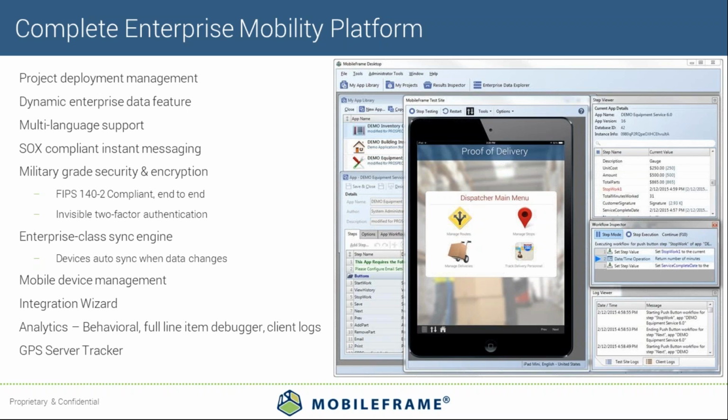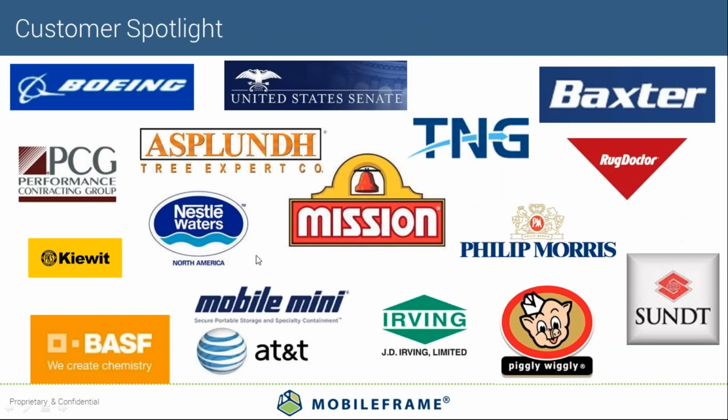And the Integration Wizard helps us really simplify that integration process. You guys probably have a lot of these things in terms of the GPS service tracker in place already with some of your tools, but we have our own built in also to track the mobile devices and things like that, which you could probably tie in very easily to the ones you're utilizing today.